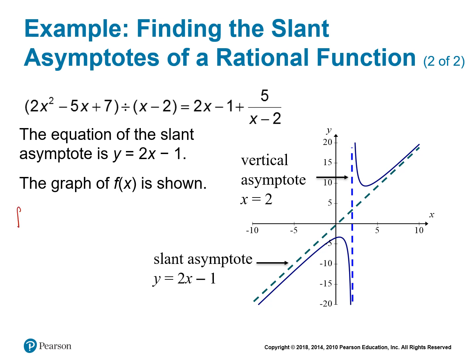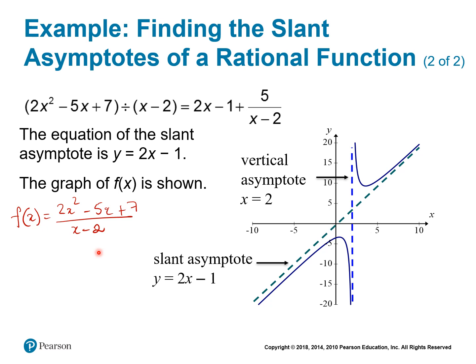What was the function? It was f of x equals 2x squared minus 5x plus 7 divided by x minus 2. All right, and we can see that this will have a vertical asymptote as well. How do we know that? We just take our denominator, make it equal to 0 and solve for x.